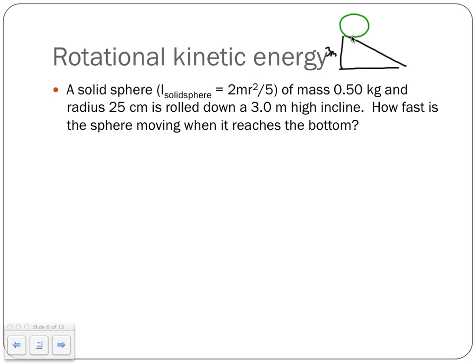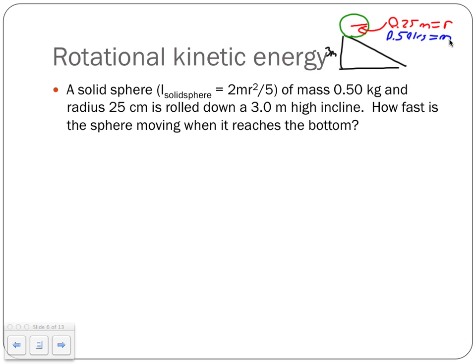The sphere has a radius of 25 centimeters. We want that in meters, so we'll put 0.25 meters for the radius. The mass of the object is 0.50 kilograms.